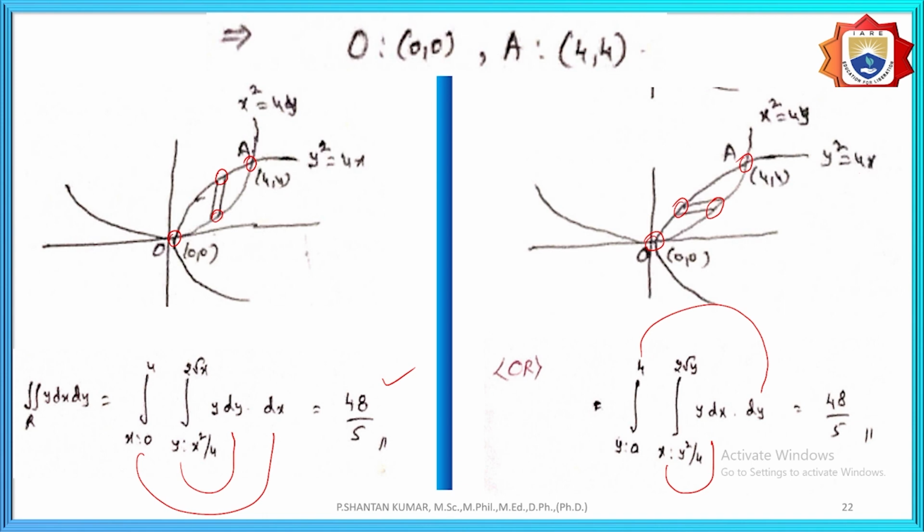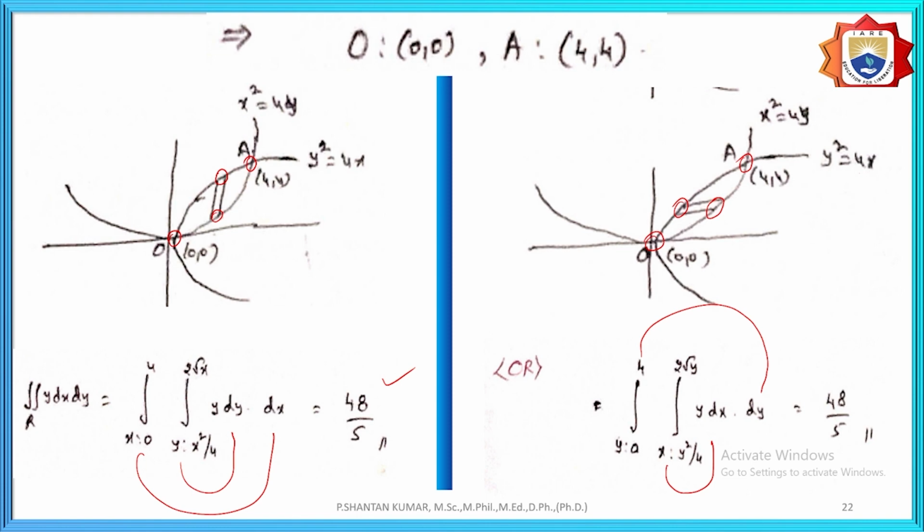That means, depending upon any given equations, first of all we need to concentrate on the given limits. Whether all the limits are constants or any limits are variables, if they are constants, no problem. But here the limits are not given, the limits depend upon the given curves.